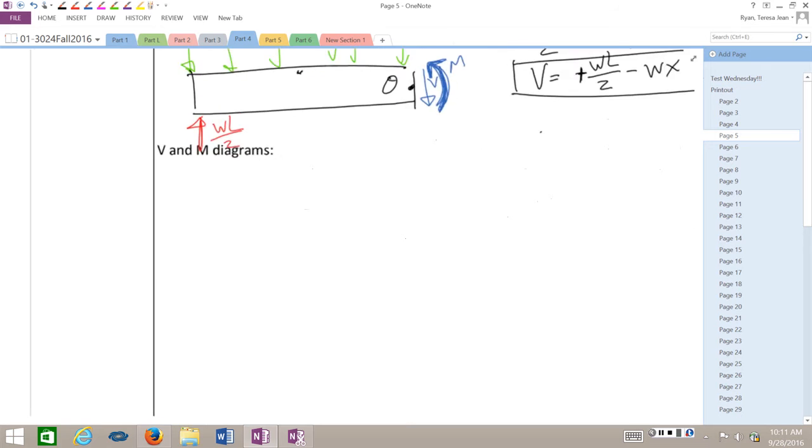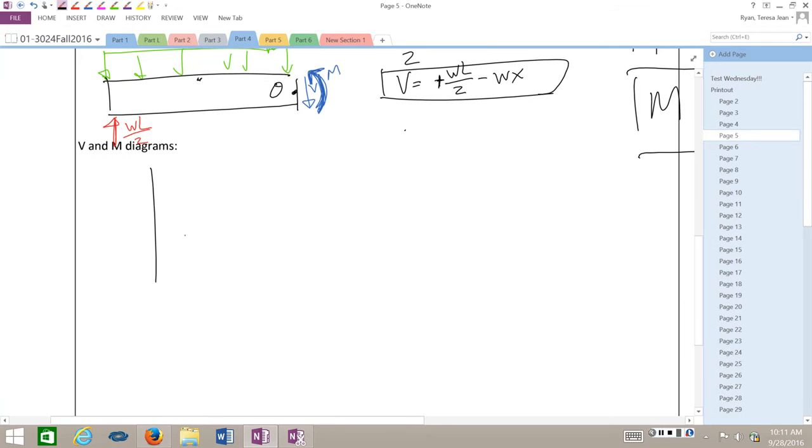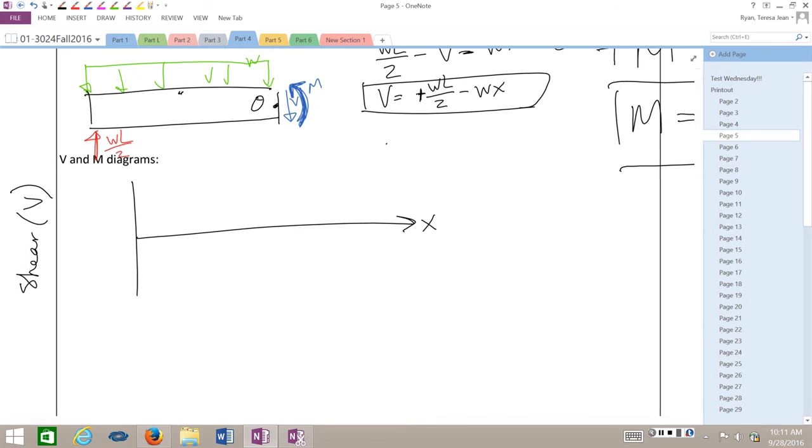Well, we need axes. We'll do the shear first. X increasing to the right. This is shear V. And what does that look like as a function of x? It's our friend slope-intercept form again.